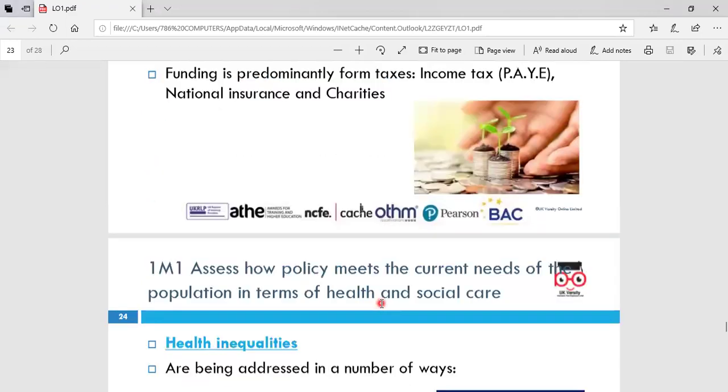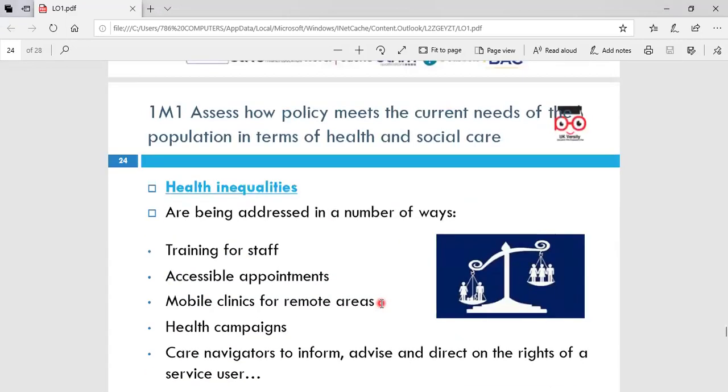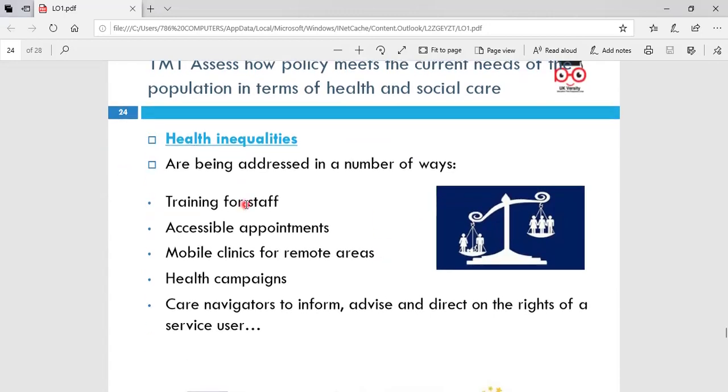And then coming towards health inequalities, one of the last parts that we are dealing with. They're being addressed in several ways. Health inequalities can be addressed through training of staff that should be equal for all the staff, accessible appointments, and mobile clinics for remote areas.